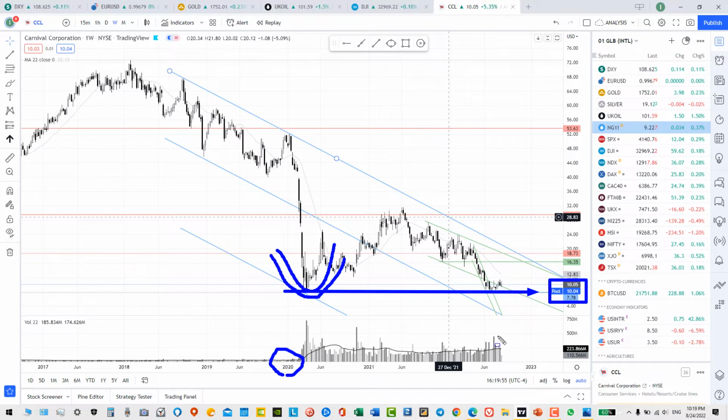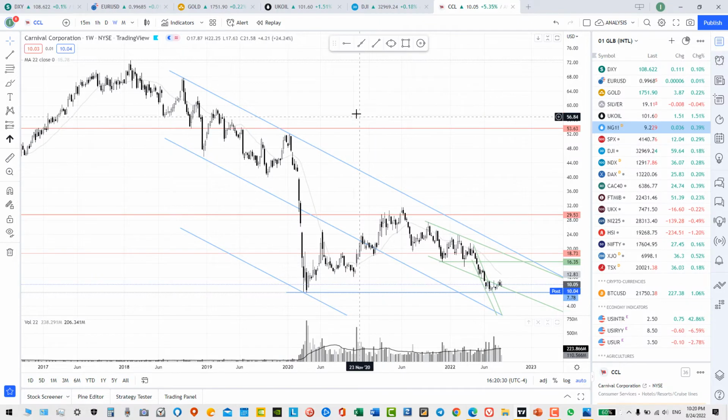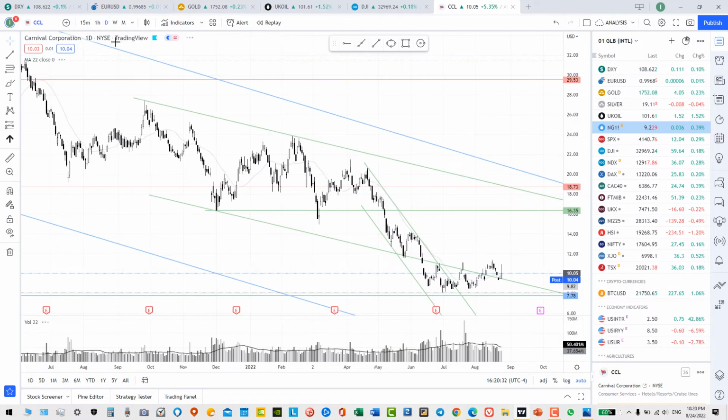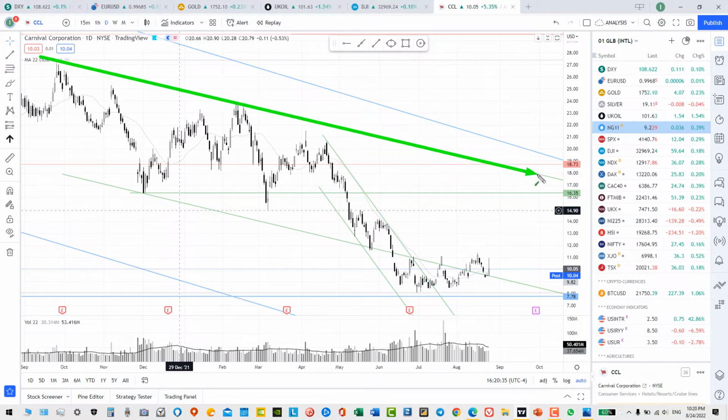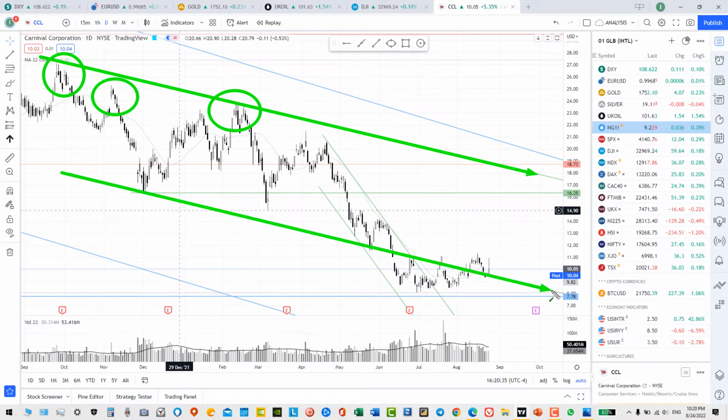Okay, now let us check the short-term details over the daily chart. Here is our final medium to long-term downtrend. It's clear, connecting the highs, the falling highs, as we can see, as well as the channel line connecting the lower lows and parallel to the trend line.